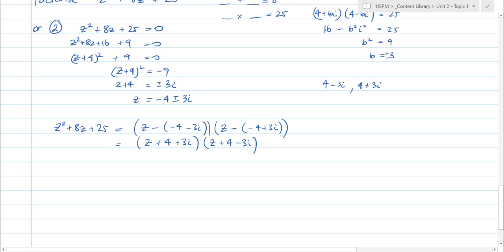If I now expand that bracket, which will be a bit of a muck around, but some things do cancel out, I get z squared. I'll do this a bit lower because we've done the question's complete. But I get z squared plus 4z plus 3iz, and then I get plus 4z plus 16 plus, so minus 12i, and then I get plus 3iz.